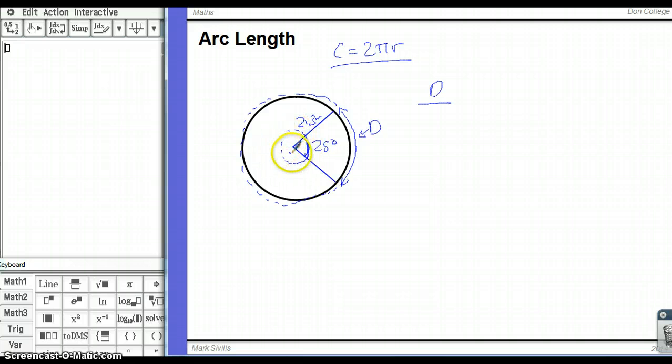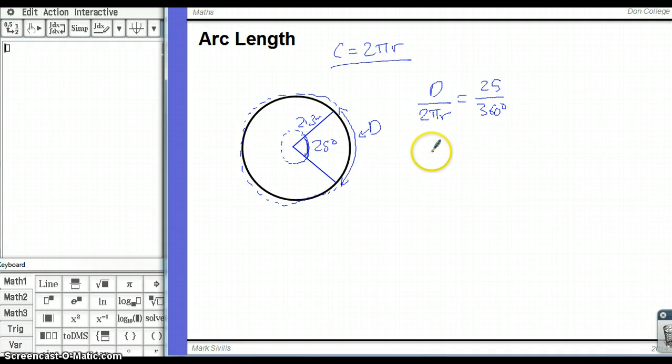And what that means is that D out of all the way around, which is 2 pi r, is equal to our angle here, 25, out of 360, because it's 360 all the way around.